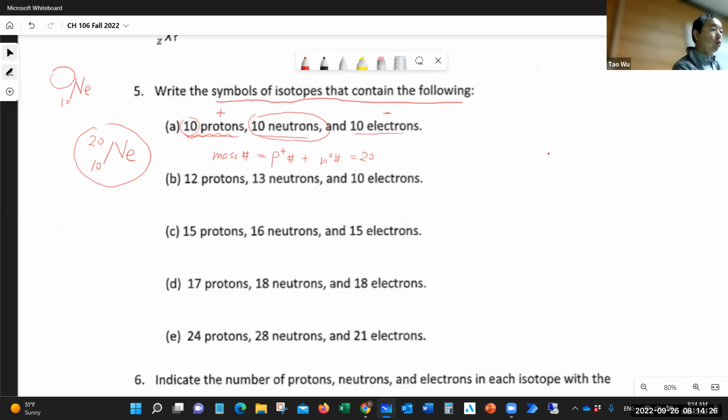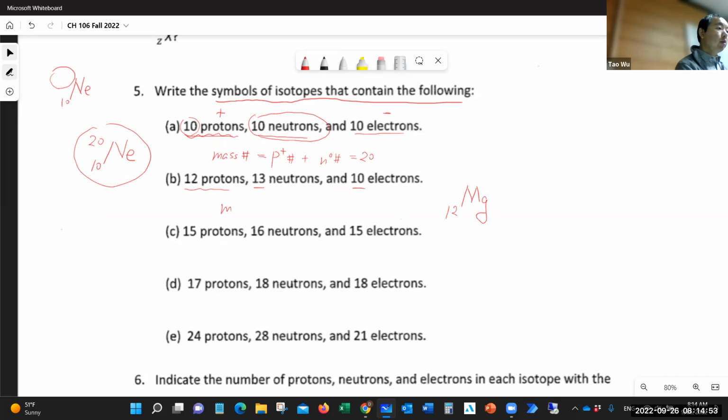Okay, let's do two more and then we go to the next part. This one has 12 protons, 13 neutrons, and 10 electrons. Again, the proton number is the atomic number. Number 12 is magnesium. So you can write 12 underneath over here, and at the top left you write the mass number.